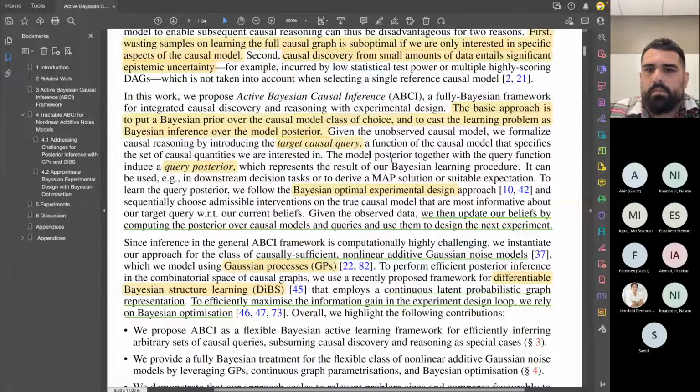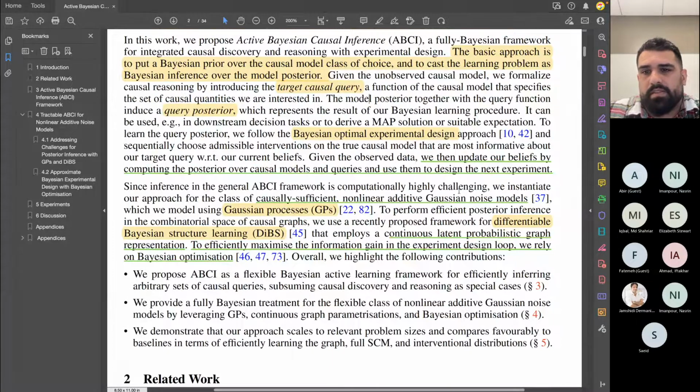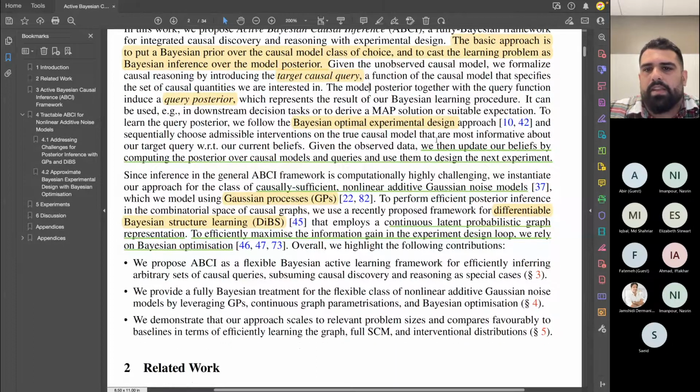The model posterior together with the query function induces a query posterior, which represents the result of the Bayesian learning procedure, and which will be used downstream in the next cycle as well. They have a Bayesian optimal experimental design approach, and they update the belief by computing the posterior over causal models and queries, and use it to design the next experiment.